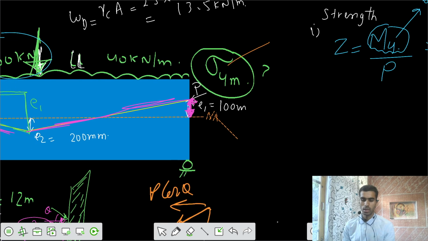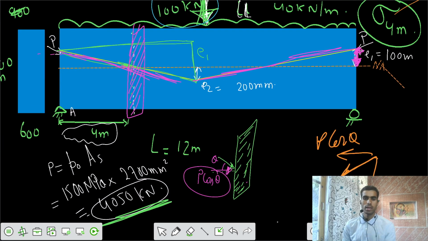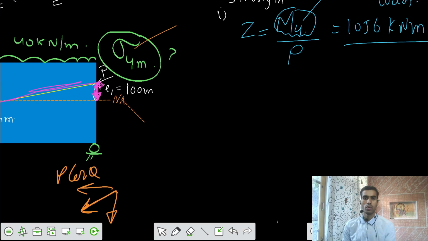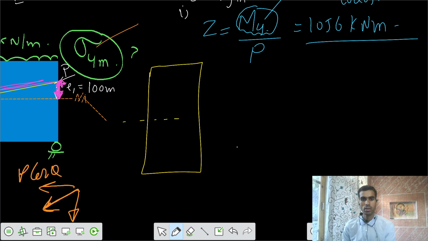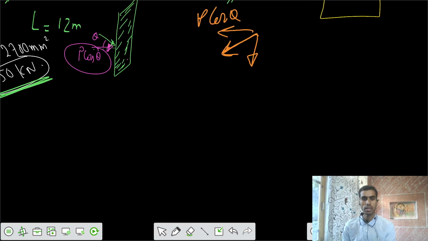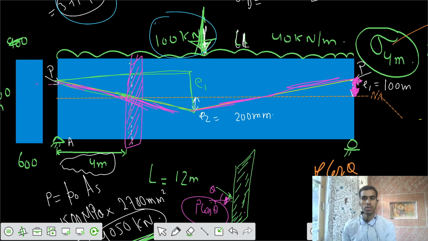Now let's take that section at 4 meters. Your P force is acting somewhere here, at some eccentricity of EP. We have calculated that EP was 100 millimeters below the neutral axis, somewhere here.